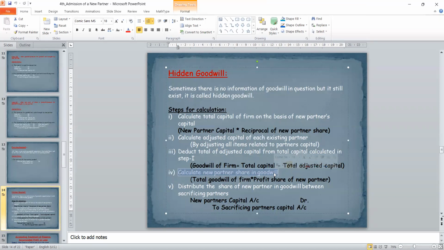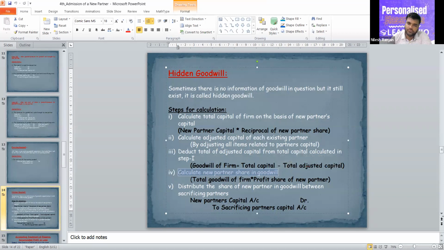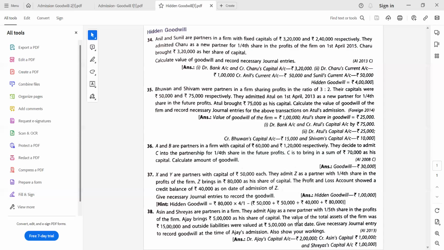So how much goodwill is the share of the new partner? 25,000. So the entry will be Z's capital account debit 25,000, to X's capital 12,500, to Y's capital 12,500.